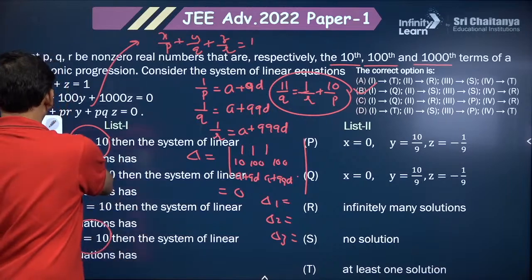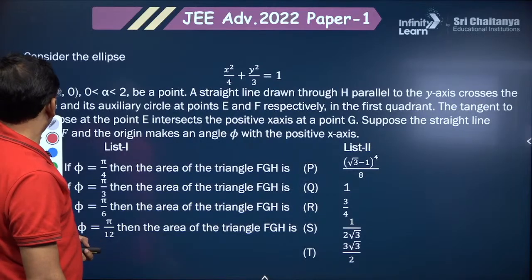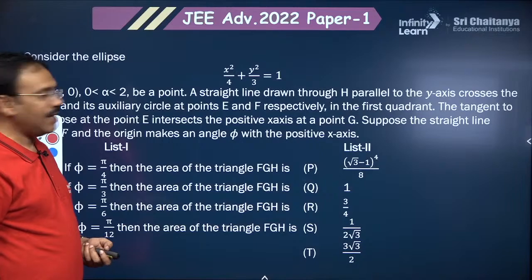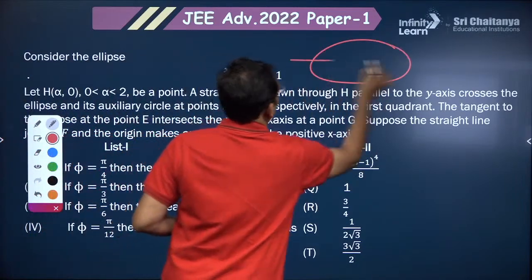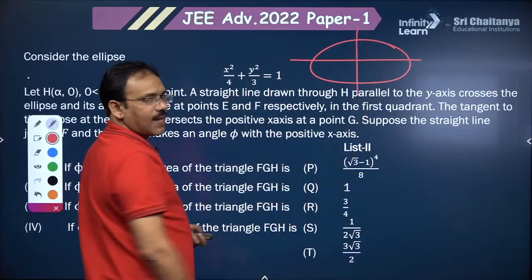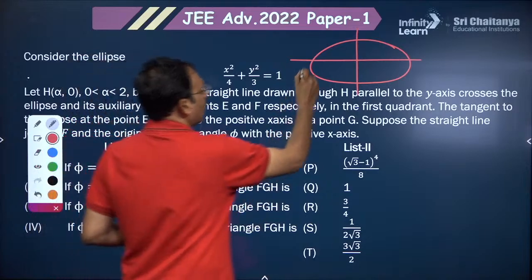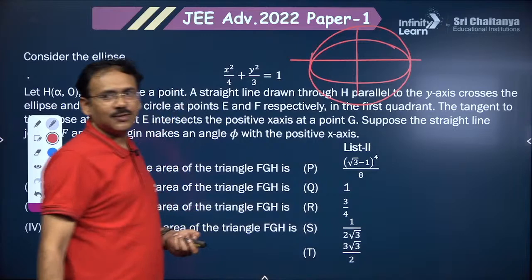The next, my dear friends, we can say this may be the last question. This is the ellipse, dear friends. So, we can say A is 2, B is going to be root 3. He is talking about the auxiliary circle, so this is the auxiliary circle you can take.